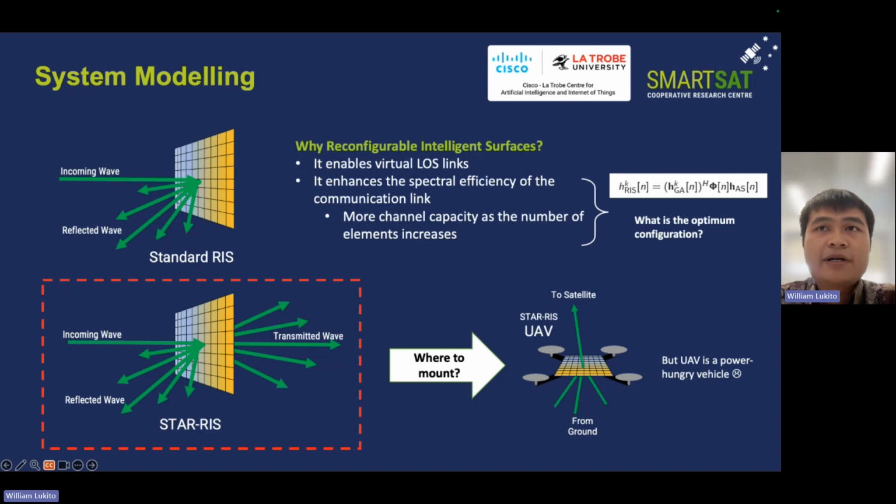Therefore, I think deploying a UAV becomes a good solution as a UAV can move freely in the air. But a UAV is indeed a power-hungry vehicle. Therefore, UAV flight trajectory optimization is very important.